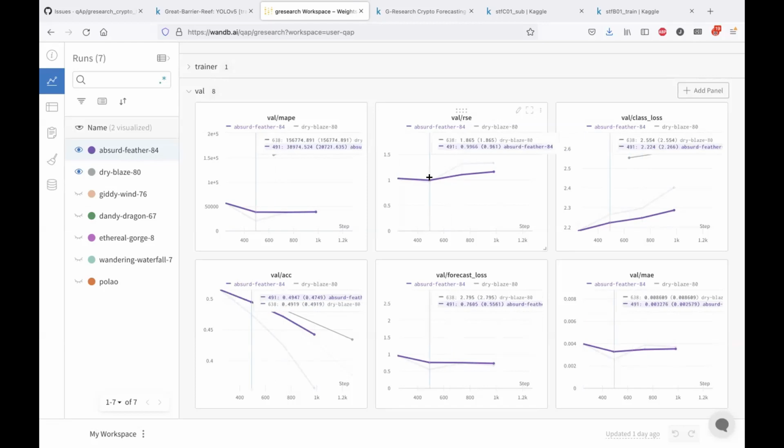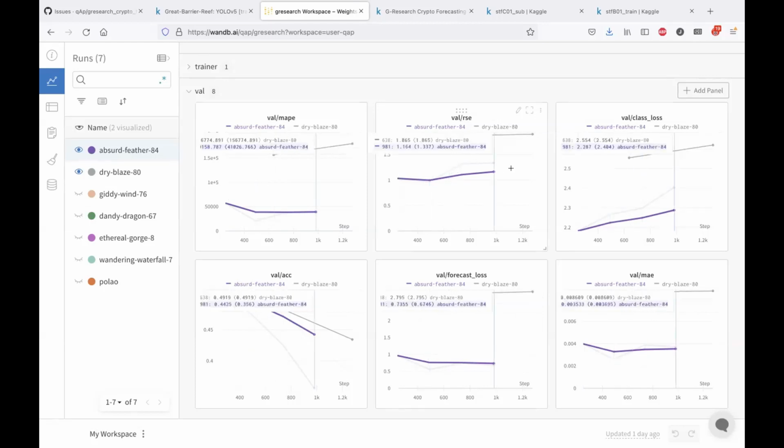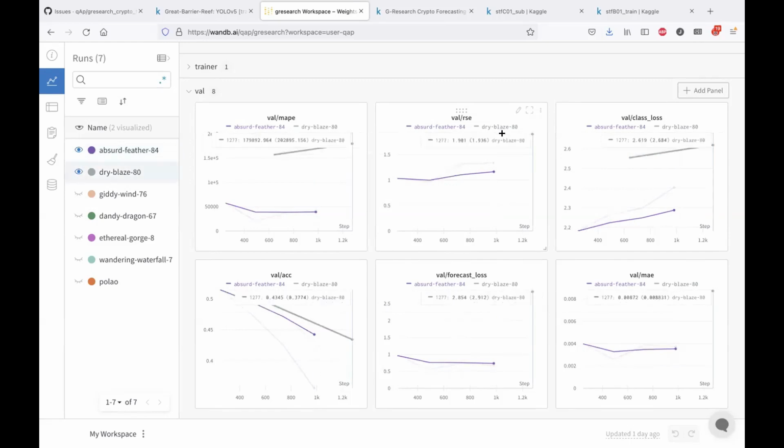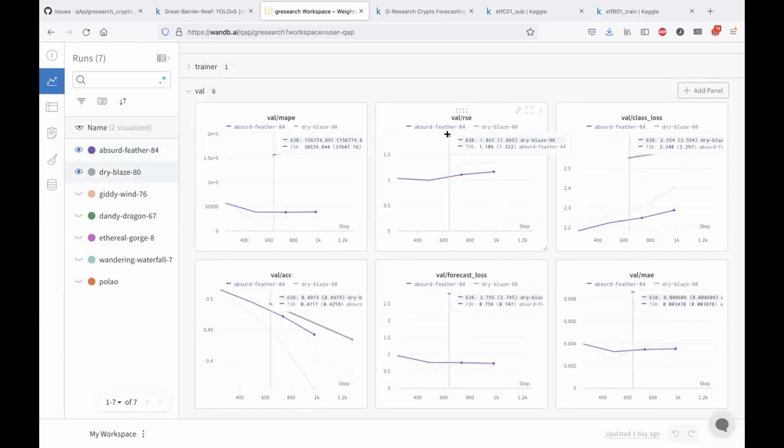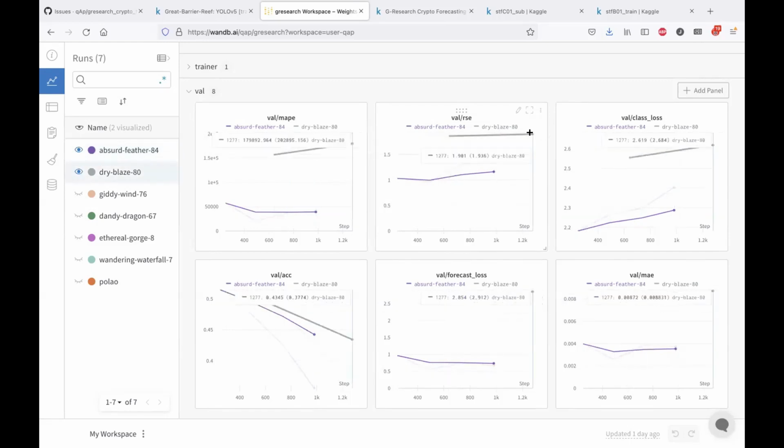So far I've only got three validations done for this experiment, and for this one there have only been 2 validations.